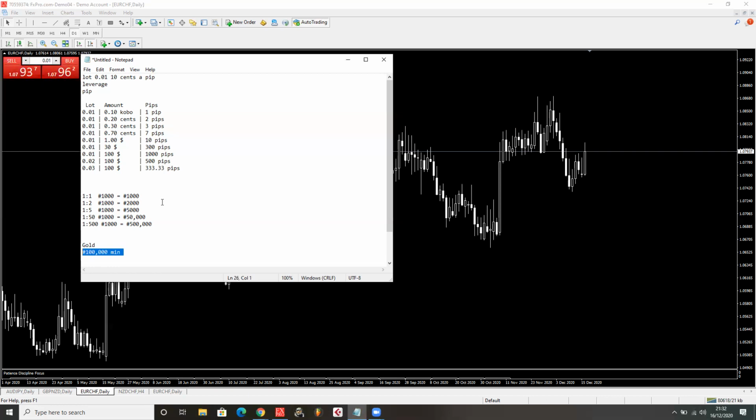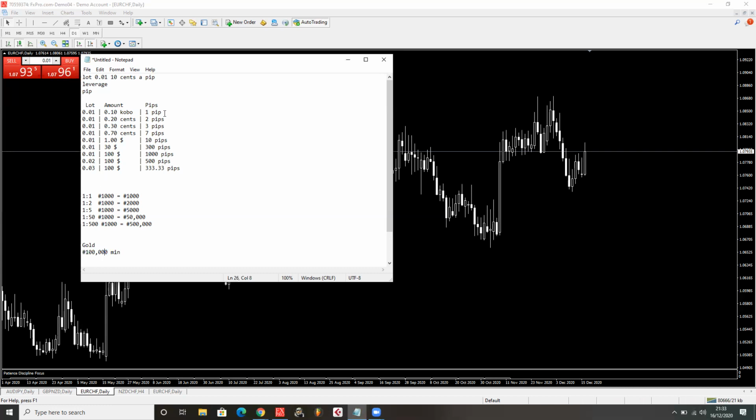On the forefront it wouldn't make sense, but on the back end it makes sense. Instead of you losing 10 kobo every single time, you're losing 10 kobo times 500 every single time. Let me see if I can break that down further. Normally you're not allowed to enter a trade unless you have the minimum requirement in your budget. Now you have a 1 to 500 in your budget to be able to trade.